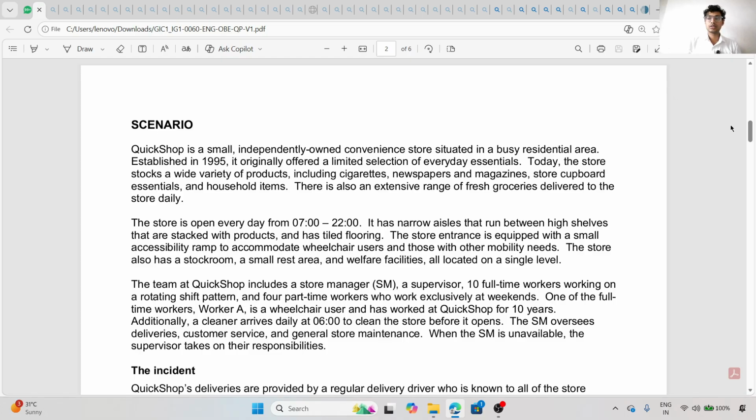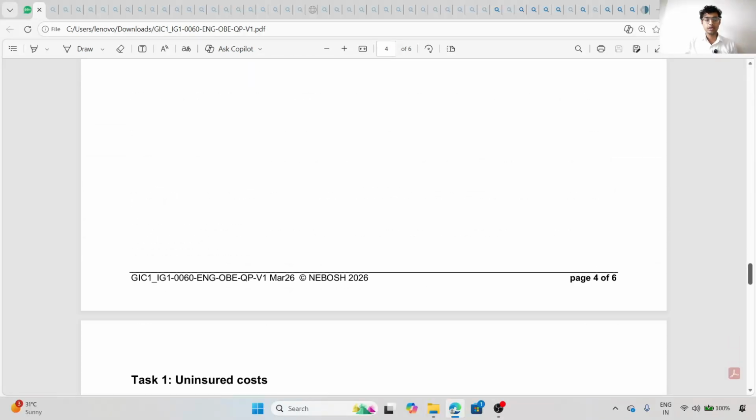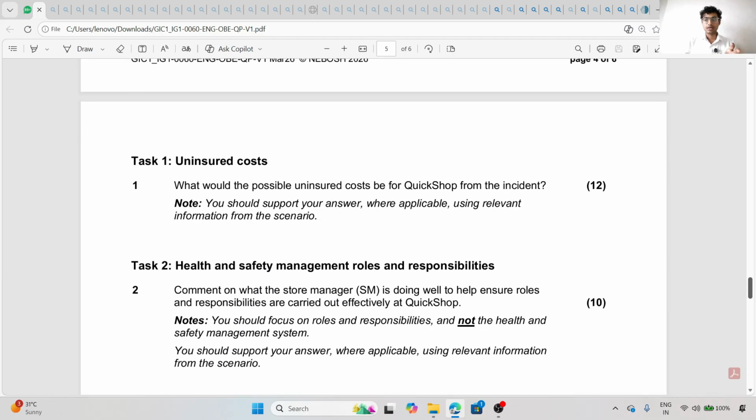Now let's check the questions. We are taking this only to understand the concept, what is asked, just the basics. The first thing asked, task 1, uninsured cost: what would the possible uninsured cost be for Quick Shop for the incident?